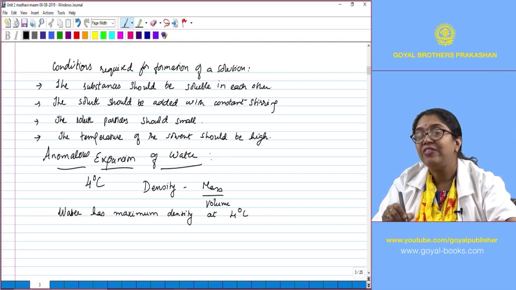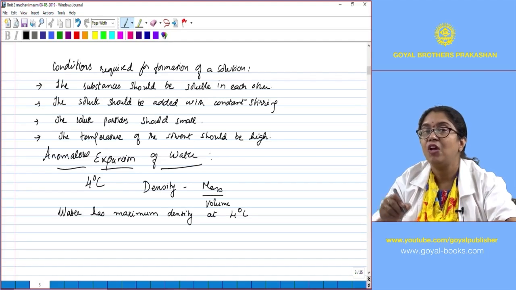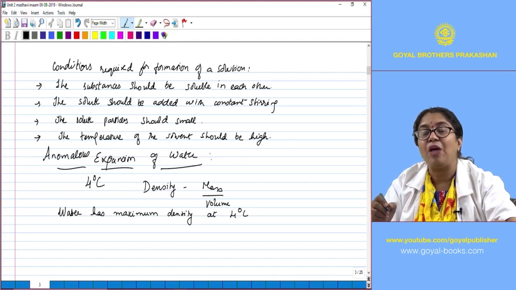It is because of this anomalous expansion of water that ice floats on water. This is of great significance, children, because in cold countries, when the temperature falls below 4 degrees Celsius, the water in the water bodies begins to freeze.